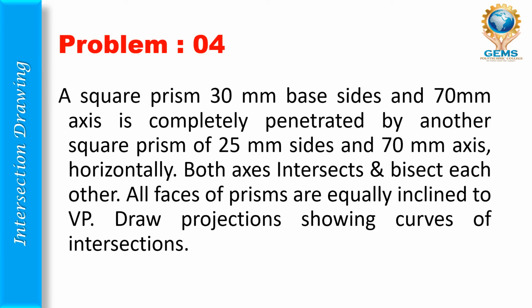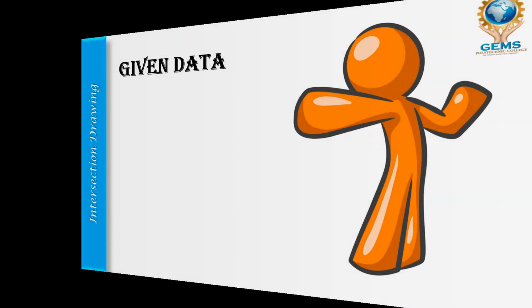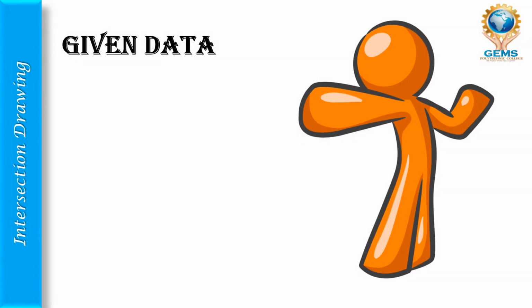So there are two prisms. One is a square prism and another one is also a square prism. One base is 30 mm and another base is 25 mm. One axis is 70 mm and the second axis is 70 mm. The data is given in this problem, so we are going to take it separately and just mention it.